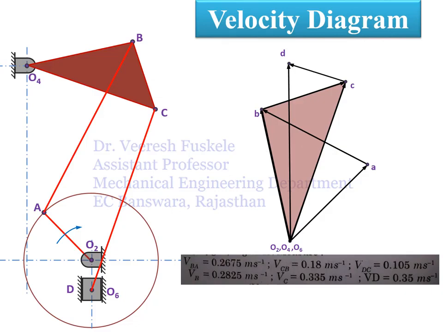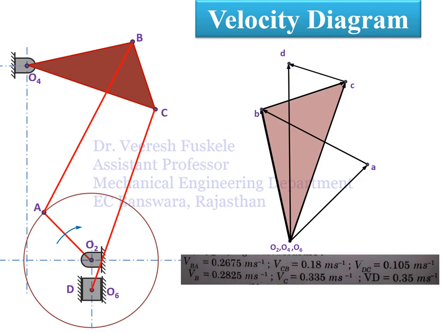Similarly, the velocity of C relative to B is 0.18 meter per second. Velocity of D relative to C is 0.105 meter per second. Velocity of point B with respect to the frame is 0.2825 meter per second. Similarly, velocity of point C with respect to the frame is 0.335 meter per second.